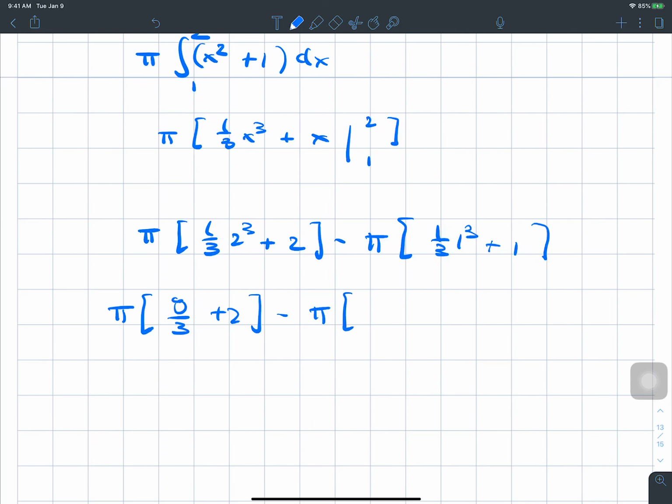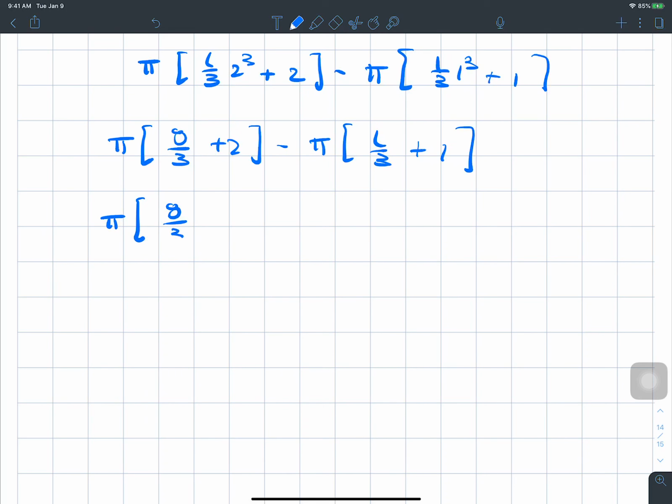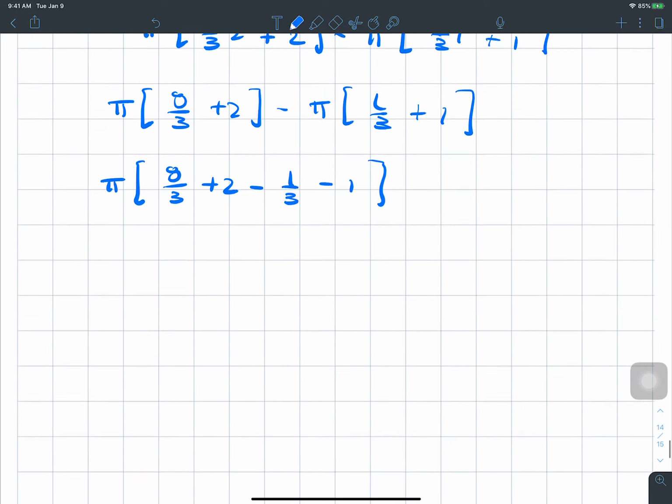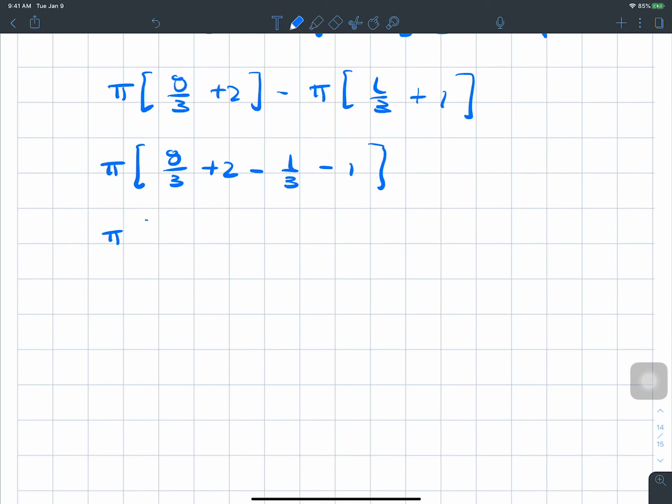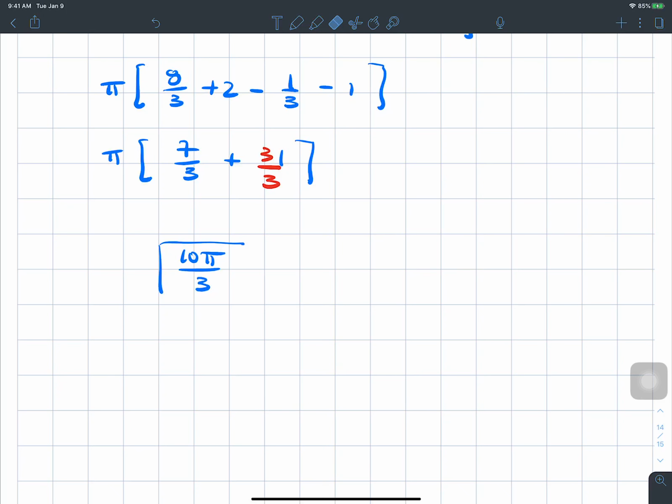And actually we can factor out pi and say we get 8/3 plus 2 minus 1/3 minus 1. Doing some algebra, factoring pi out, distributing. So I get pi here, and this is actually 7/3 now plus 1. And then 1 rewrite as 3/3. So we get 10/3. So this is 10 pi over 3. And let's do a nice box. So we get 10 pi over 3.